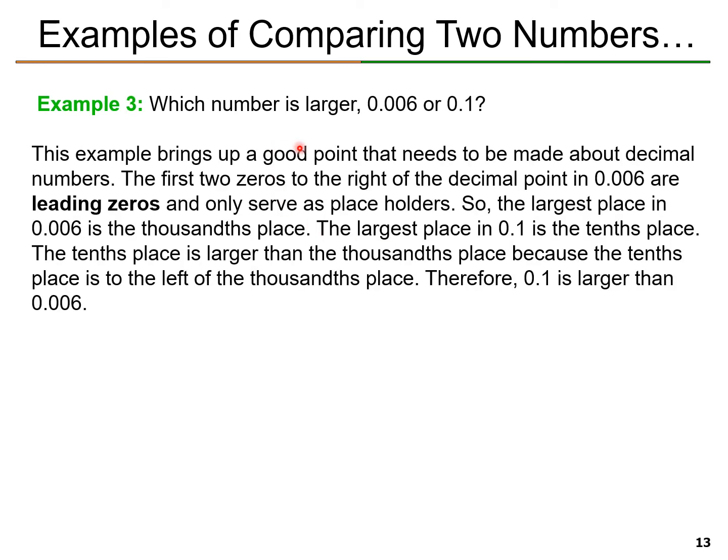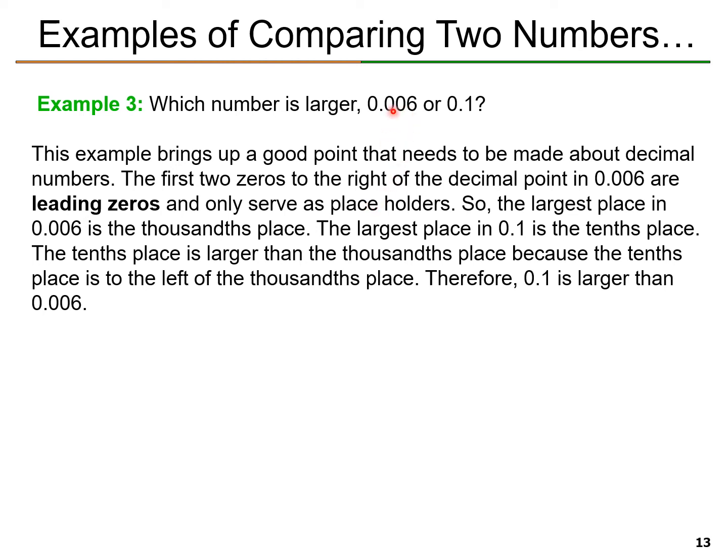Which number is larger, 0.006 or 0.1? This example brings up a good point that needs to be made about decimal numbers. The first two zeros to the right of the decimal point in this number are leading zeros, and they only serve as placeholders.